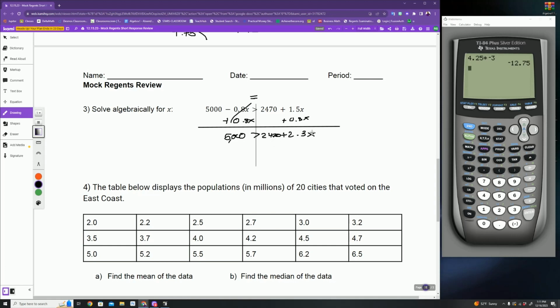Now, I got all of my x's to the right side, so I want to get all of my constants to the left. So I'm going to subtract the 2,470 to get it to the left side.